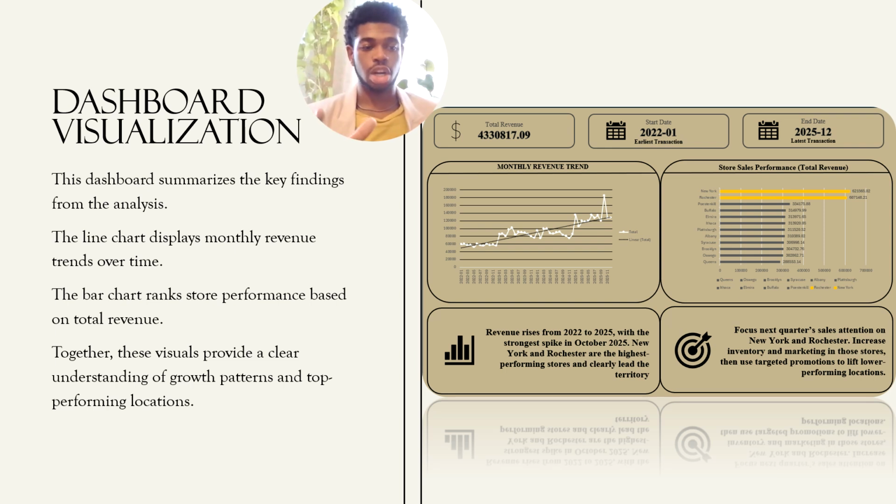This line chart shows monthly revenue trends over time, and then the bar chart ranks stores based on total revenue. I made it more readable by showing those gold bars again. Those are our highest performing stores. Together, these visuals make it easy to see both growth patterns and top performing locations as well.